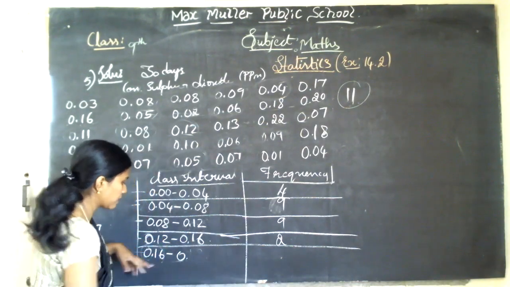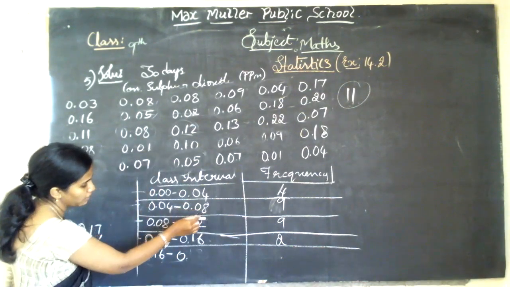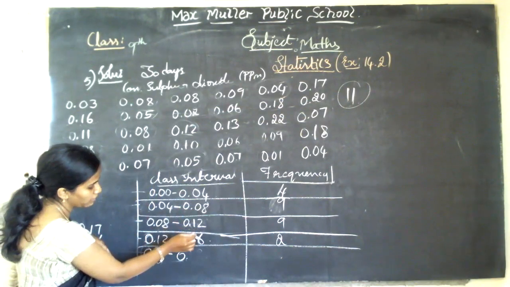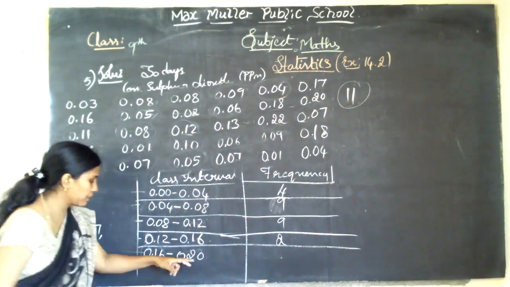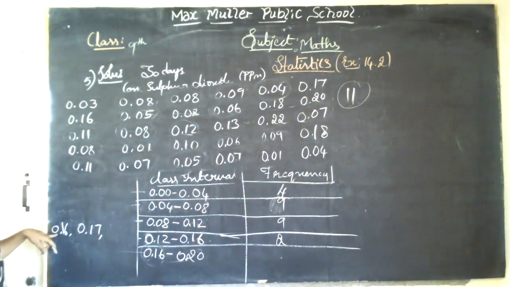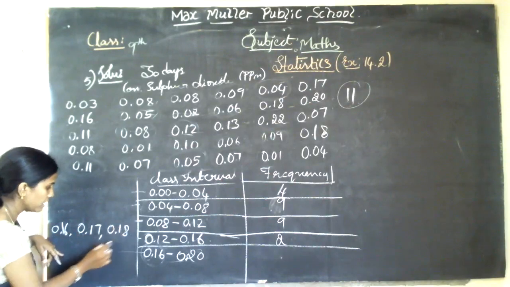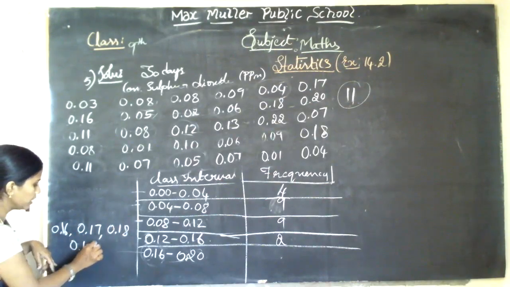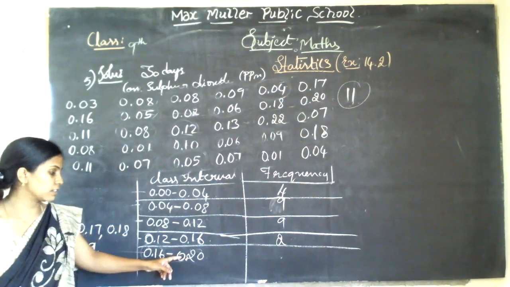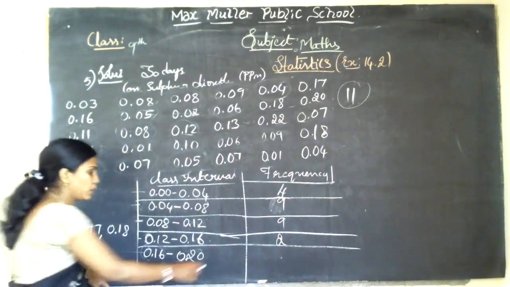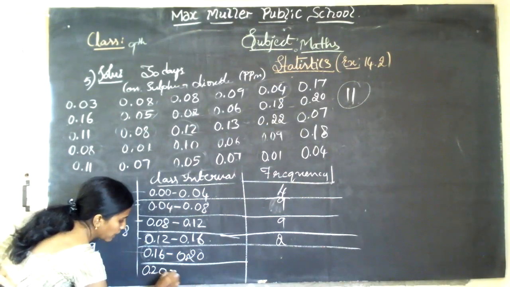As I told, think of the 4 times table: 4 twos are 8, 4 threes are 12, 4 fours are 16, 4 fives are 20. So take 0.16, 0.17, 0.18, 0.19. Leave this 0.20, because we have to take it in the next row.